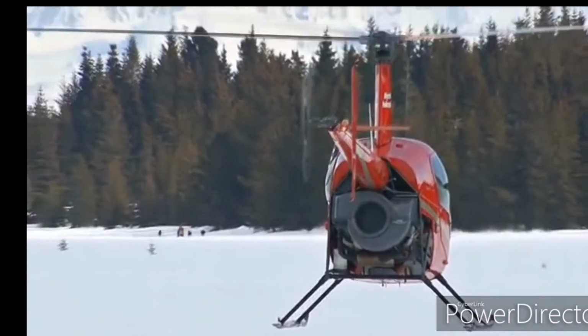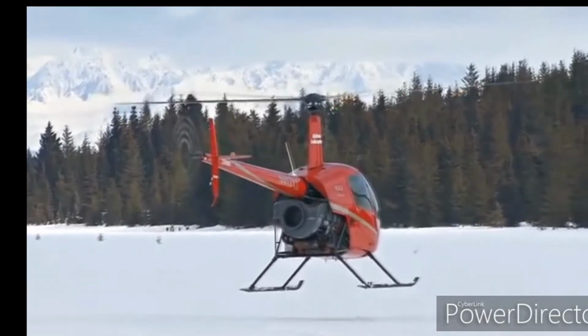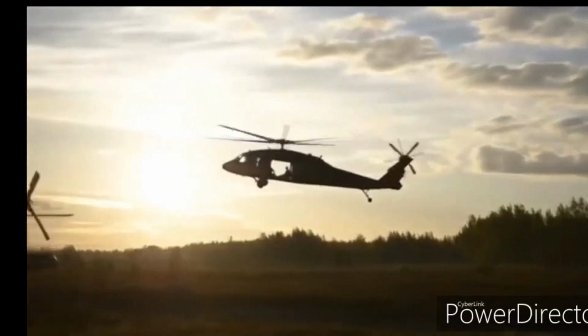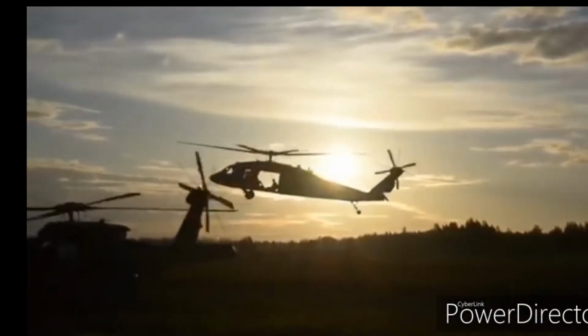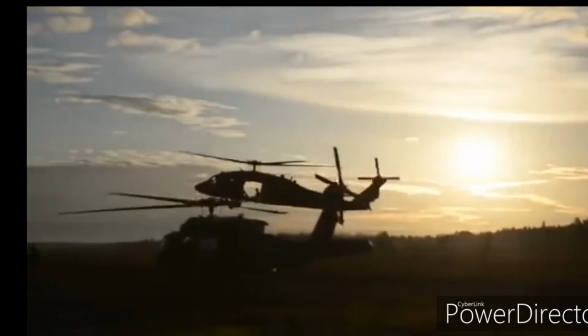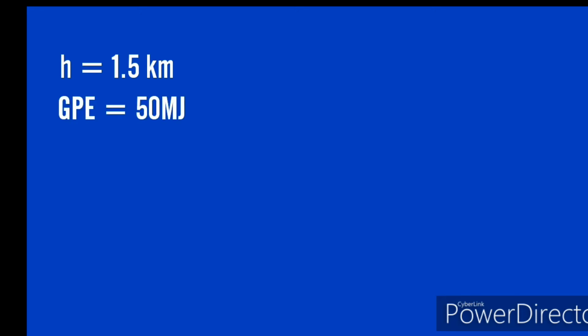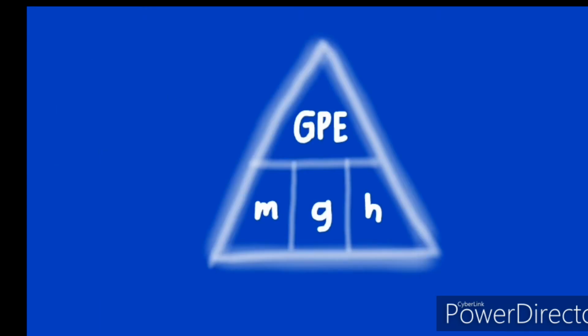A helicopter is flying at the height of 1.5 kilometers. If it has 50 joules of GPE, what is the mass of the helicopter? Another given is H equals 1.5 kilometers and GPE is 50 joules. So what if the mass is the one missing? Let's create a triangle. So we are going to find the mass.